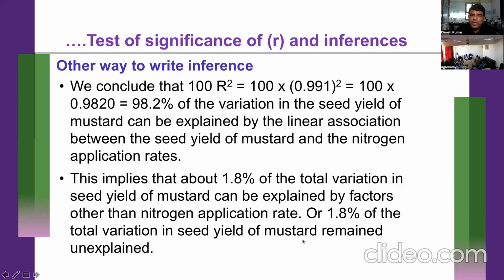We do not know the reason. For 98.2% variation, it was nitrogen which was responsible in the equation. 1.8% is the error. So friends, I hope that you could understand the interpretation of correlation coefficient and coefficient of determination.